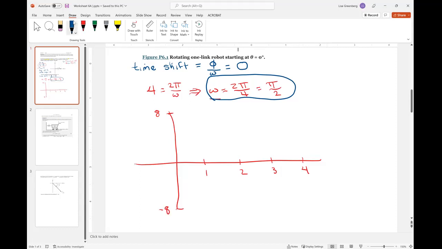And we know it's a sine, so that means it's starting at 0. At the first, this would normally be pi over 4. So this is our first value, sine of pi, I'm sorry, pi over 2. At pi over 2, our sine is 1, so we go here to 8. This would just be pi. So this is 0.